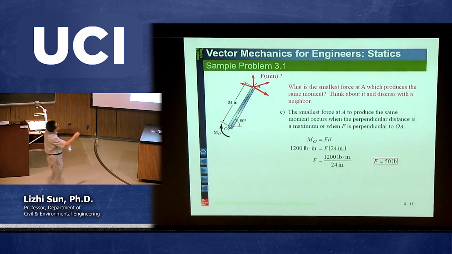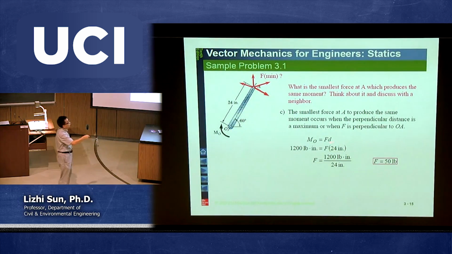In other words, the largest D in general is D times sine or cosine of the angle. And if you want to reach the largest one, that's equal to D times sine 90 degrees or D times cosine 0 degrees. So in other words, this is D, which is 24.